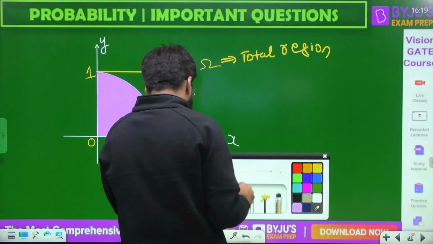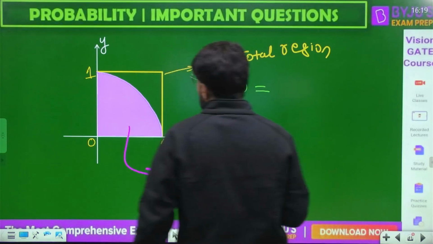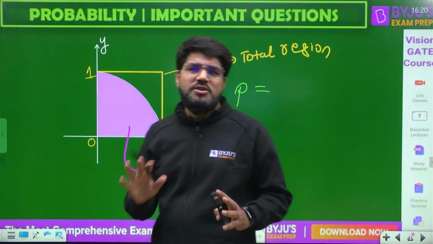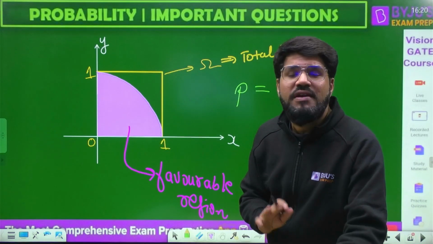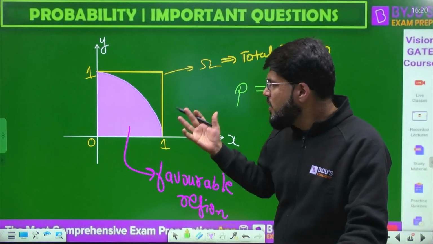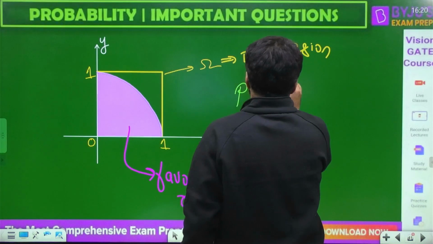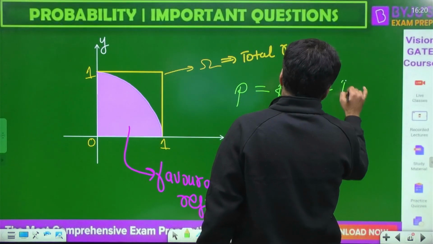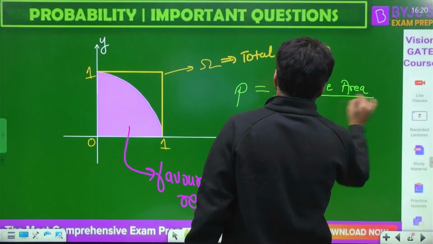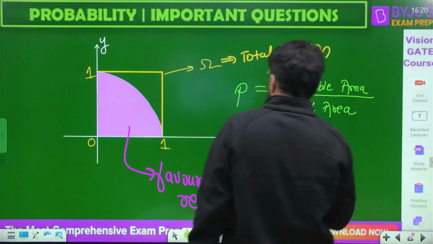Now, what is the basic probability formula? Once you have a two-dimensional visualization, not a discrete single element, the probability is favorable by total, but in terms of area. So it is favorable area divided by total area.